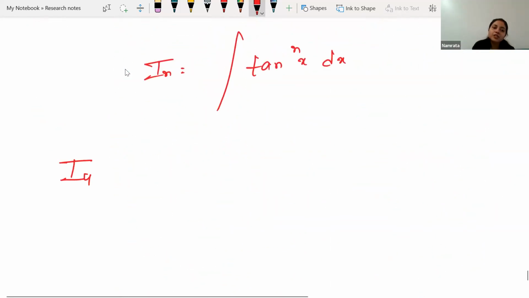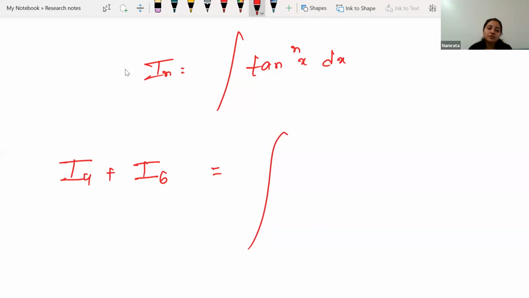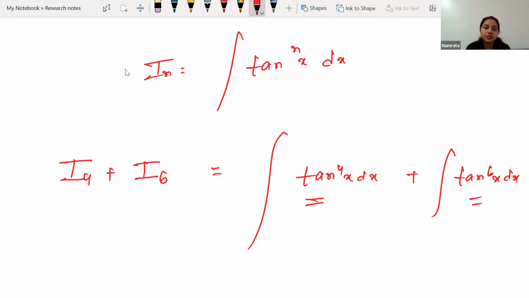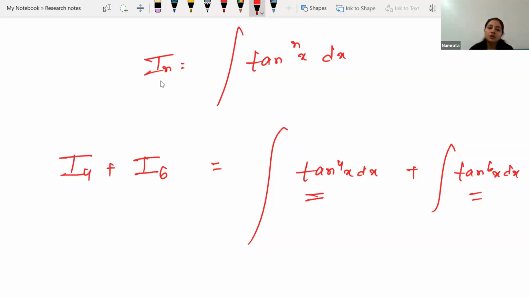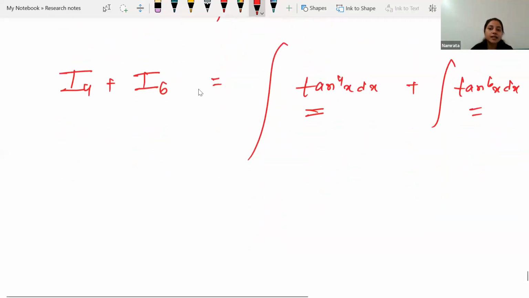We can take two integrations, one for I4, one for I6, and then continue. So it will be tan to the power 4x dx, and tan to the power 6x dx. We have to do the integration of this one and of this one. We can separate the integrations, and we can also combine them. We can write both tan to the power 4 and tan to the power 6 together.